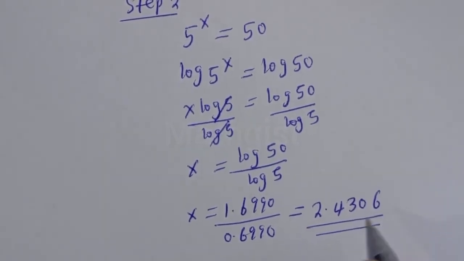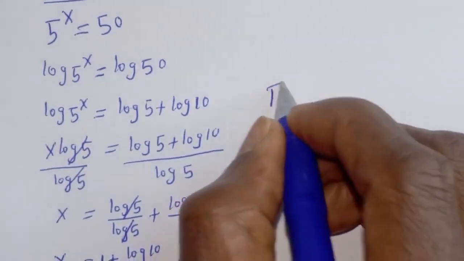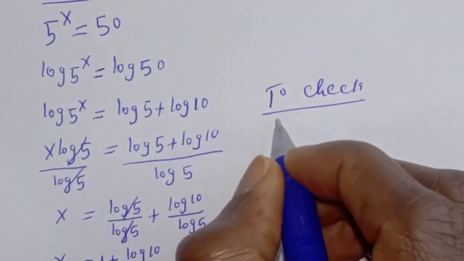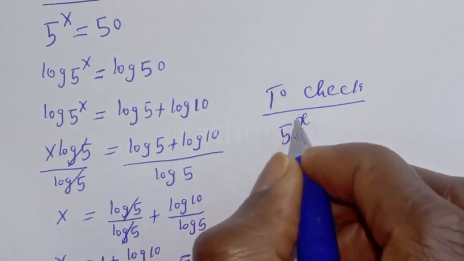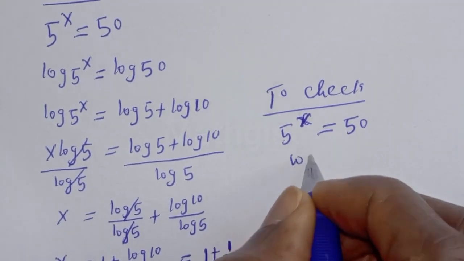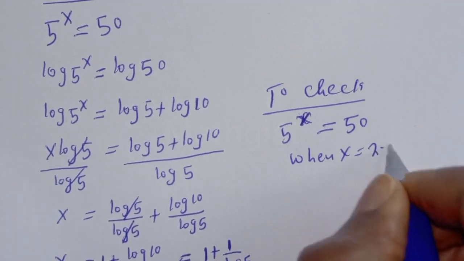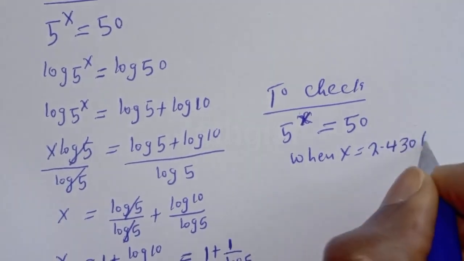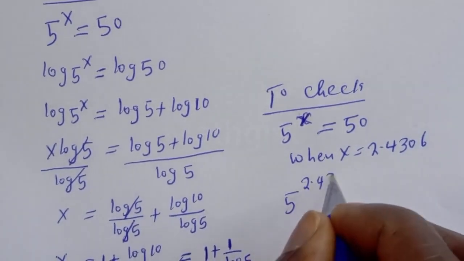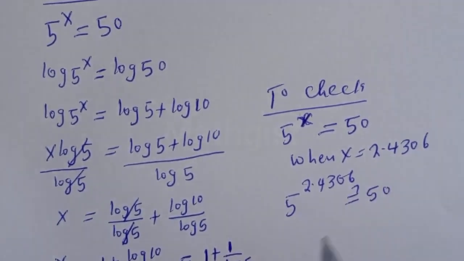We can check to confirm if our answer is right or wrong. Let's check. To check, we have 5 raised to power s is equal to 50. When s is equal to 2.4306, we have 5 raised to power 2.4306 must be equal to 50.